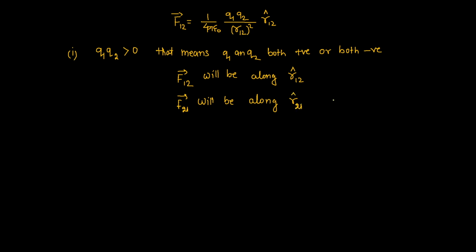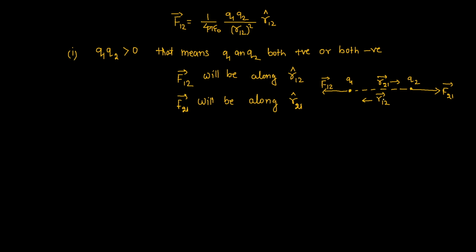ठीक है. देखिए, ये अगर चार्ज पार्टिकल Q1 है एंड ये चार्ज पार्टिकल Q2 है, ठीक है, तो this is F21 and this is F12 and the distance between them, suppose this is R21 and this is R12 in this direction. ठीक है.